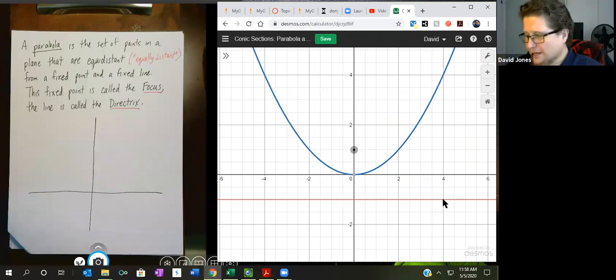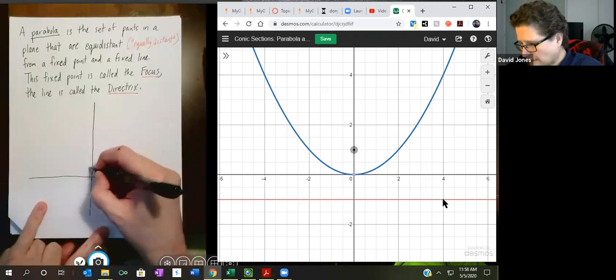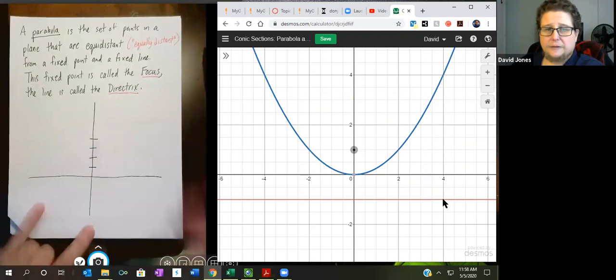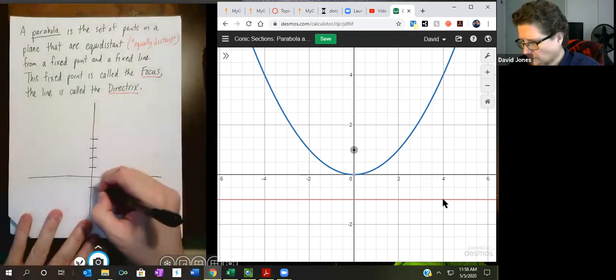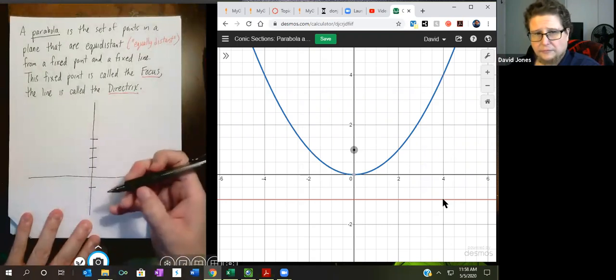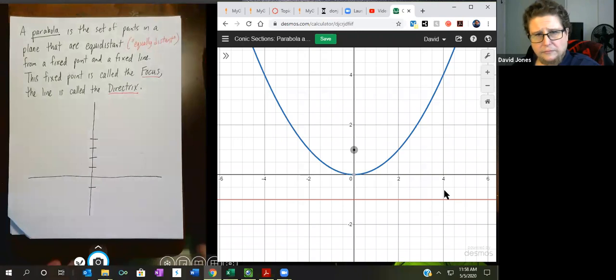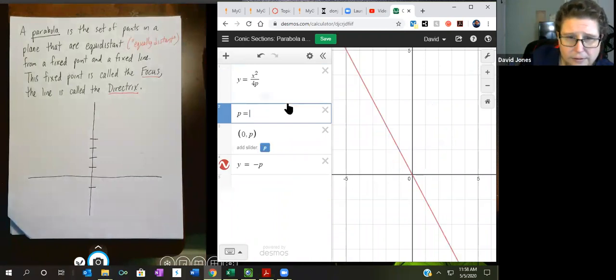So let me try to illustrate this on the graph. What do we got here? That is not y equals x squared. Let's make it y equals x squared.